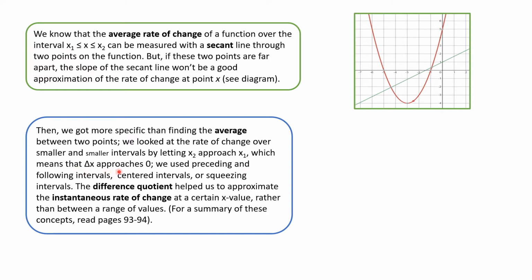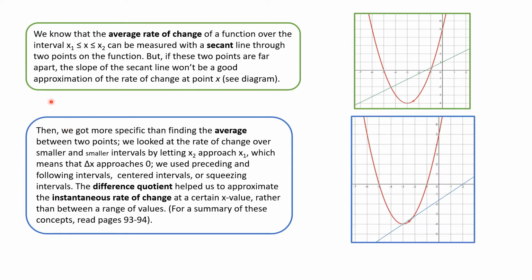We are hardly having any distance between our point in question and a point beside it. We use preceding and following intervals, centered intervals, squeezing intervals. The difference quotient helped us to approximate the instantaneous rate of change. So this is all summary of what we're talking about here so far.